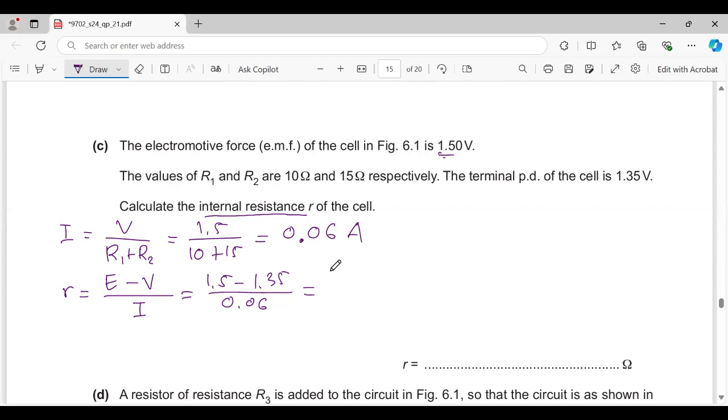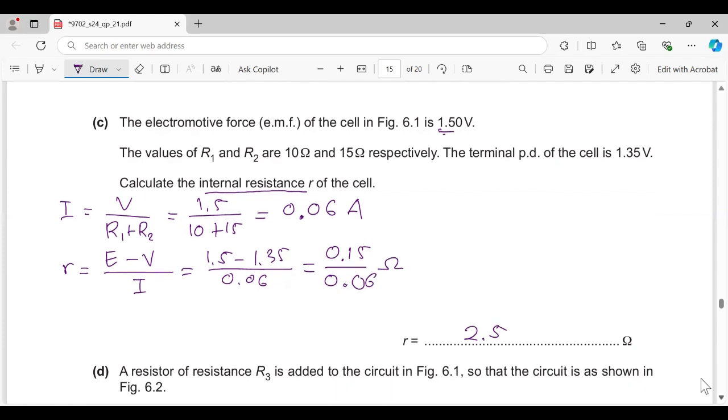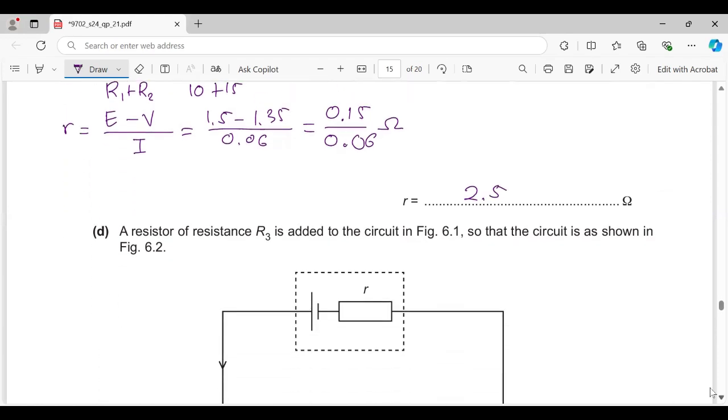If you calculate, it will be 0.15 over 0.06 ohms, and the result is 2.5 ohms. You can check based on your own calculations. Maybe if I have made a mistake, but I got 2.5 on my calculator.